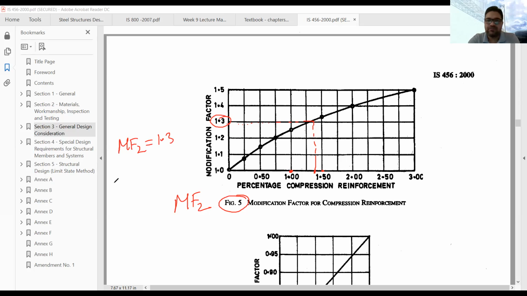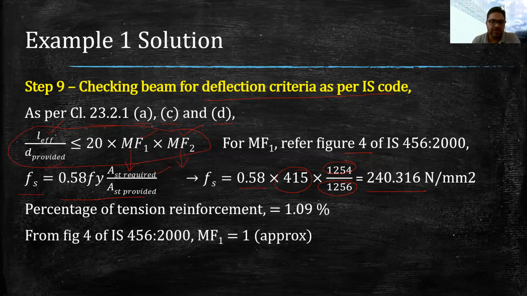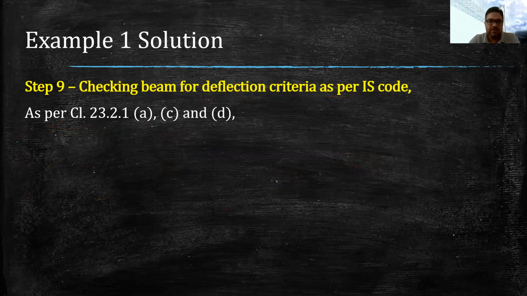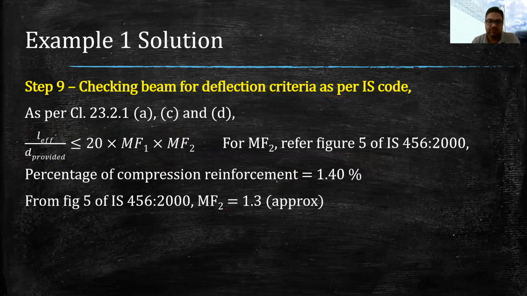Now we will put the same values in the slide. From figure 4, the MF1 value is 1, and similarly for MF2, the percentage of compression reinforcement is 1.4, and with figure 5 we can find MF2 as 1.3.